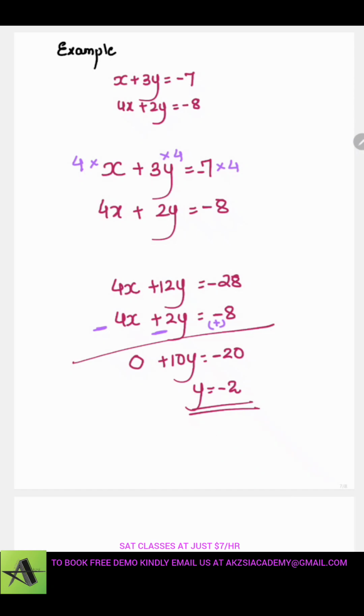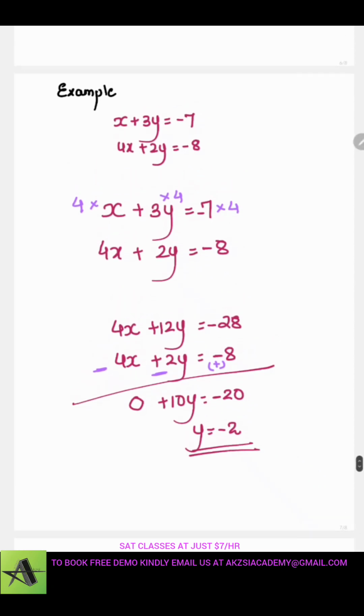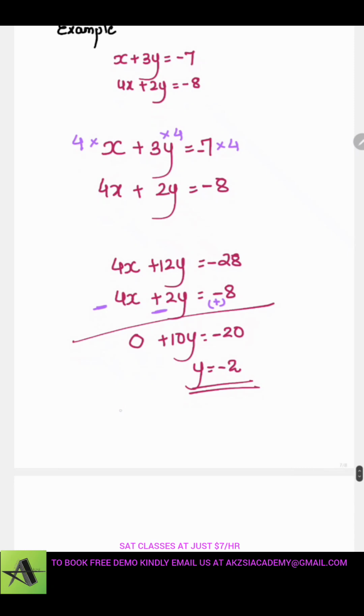Now the next step is exactly the same as we followed in the substitution method. That means once you have the value of one variable, substitute it in either of the equations to get the second variable. We have y equals -2. So I'm substituting the value of y in equation 1.